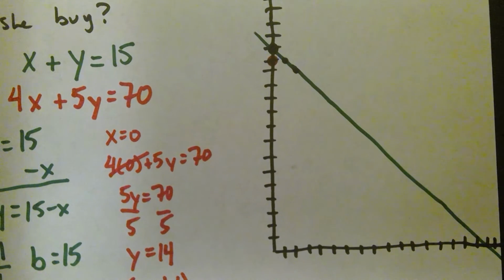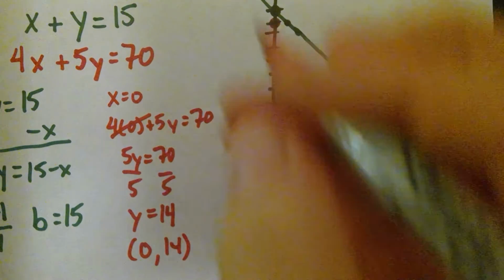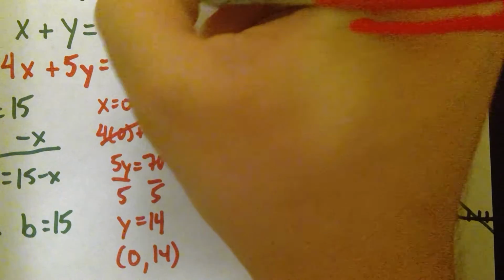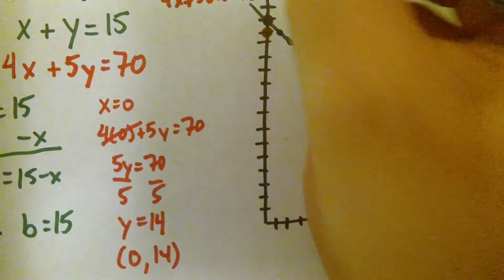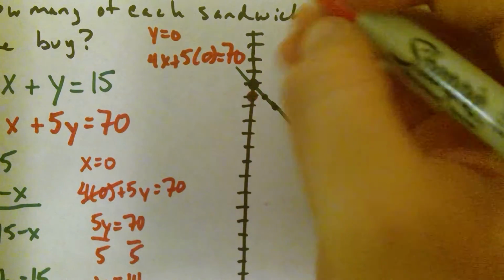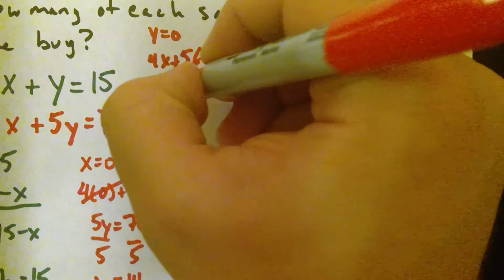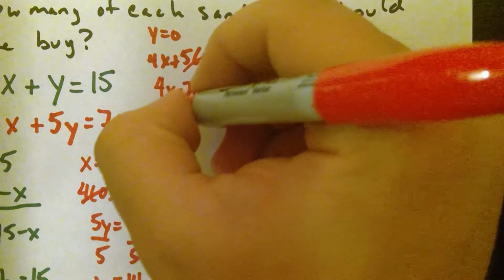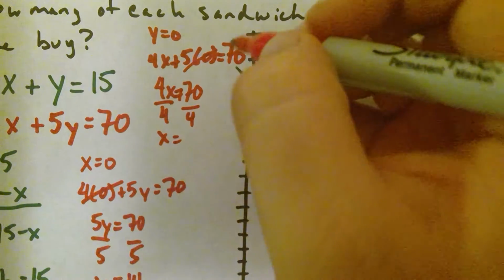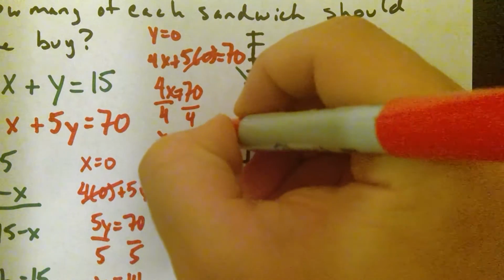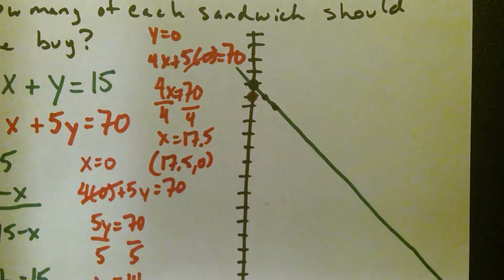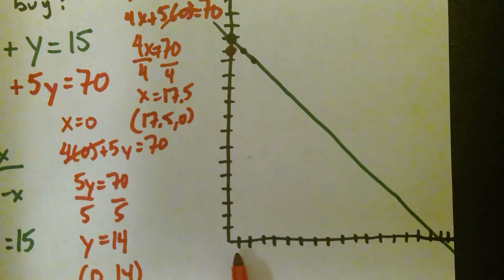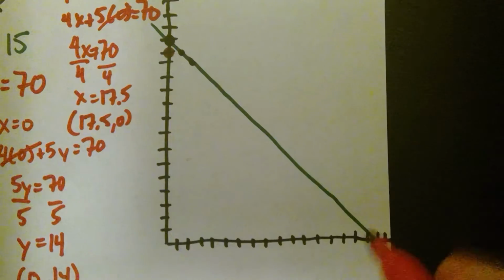We want to say that y equals 0. Okay, y equals 0. 4x equals 70. Divide by 4, divide by 4, x equals, is that 17.5. So (17.5, 0). 1, 2, 3, 4, 5, 6, 7, 8, 9, 10, 11, 12, 13, 14, 15, 16, 17.